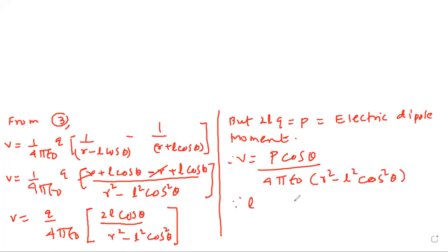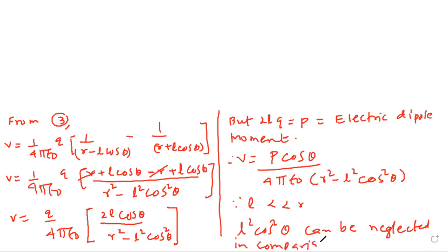Since L is very small than R, L square cos square theta can be neglected in comparison with R square. Therefore, V is 1 upon 4 pi epsilon naught P cos theta upon R square.